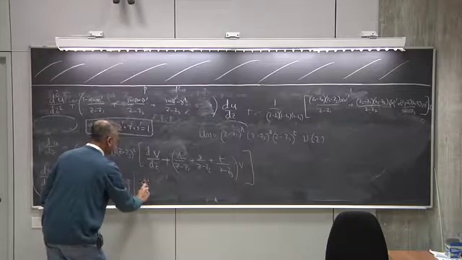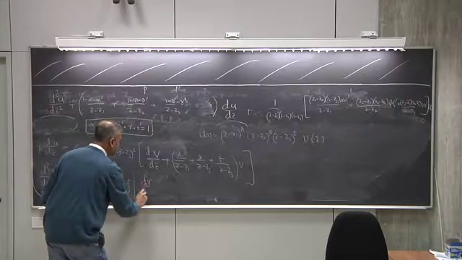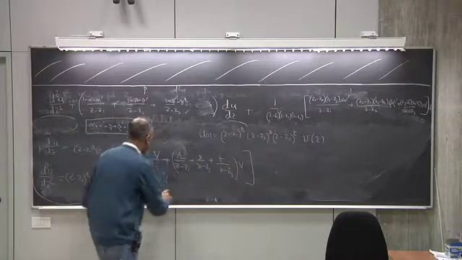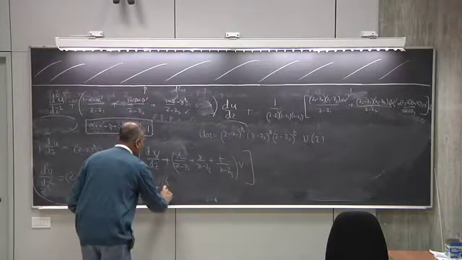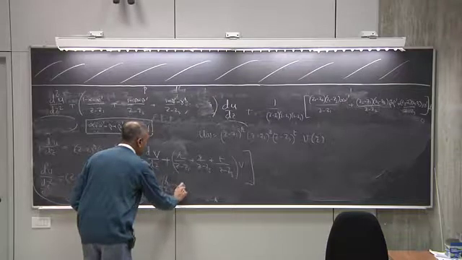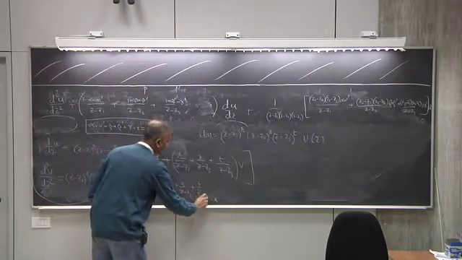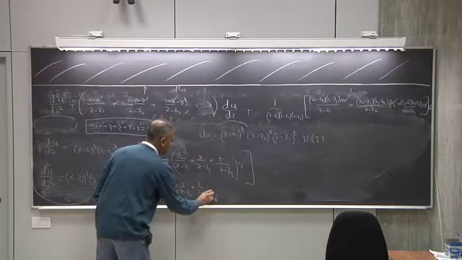So there will be several terms: d2v by dz2, plus then the derivative hitting here. Again there are two pieces here, r over (z minus z1) plus s over (z minus z2) plus t over (z minus z3), times dv by dz.